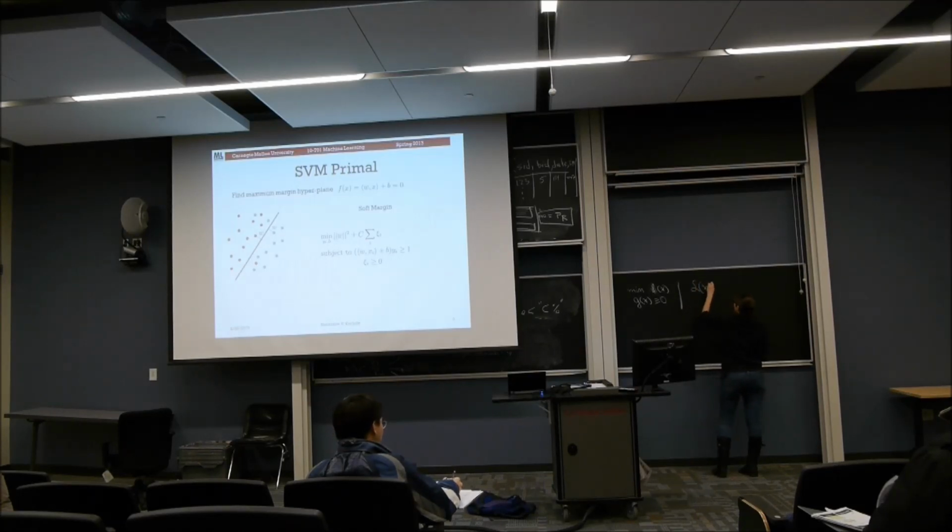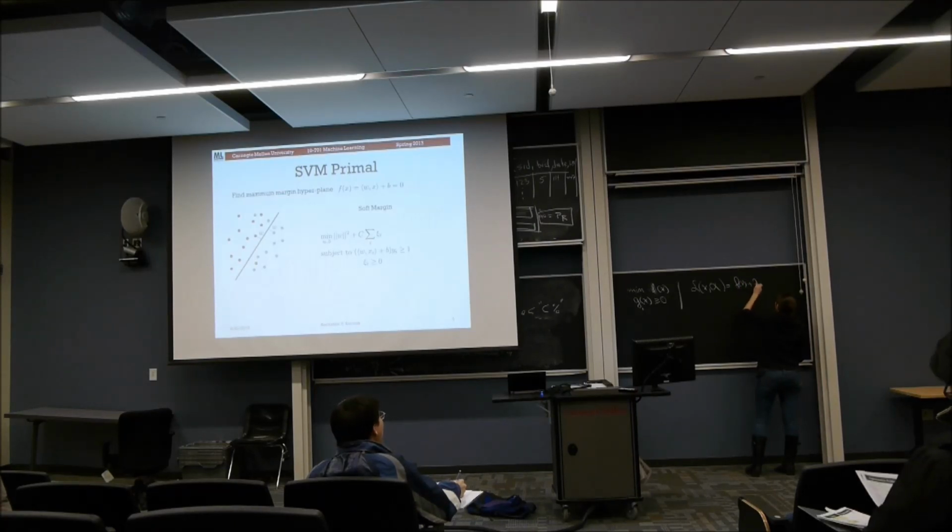We're going to build it as f of x plus lambda or alpha i times the constraints. Okay?